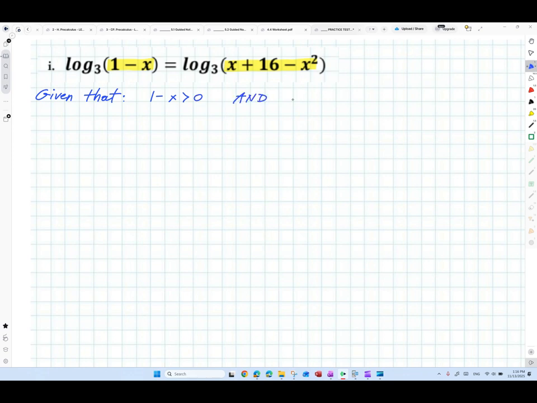And they are connected with the logical operator AND. So for this one, negative x would be greater than negative 1, and therefore x would be less than positive 1.